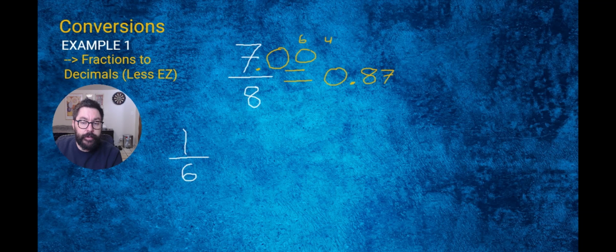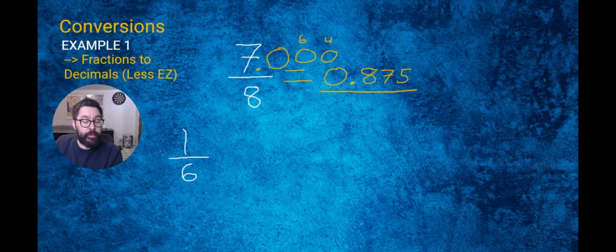So again, we don't have a number here, so let's plug in a 0. How many times does 8 go into 40? Well, that would be 5. And since 8 times 5 is exactly 40, we're done dividing. And 7 over 8 is going to equal 0.875.